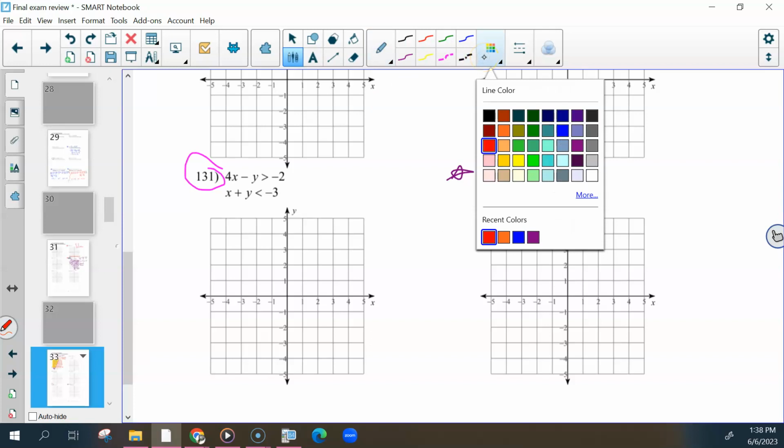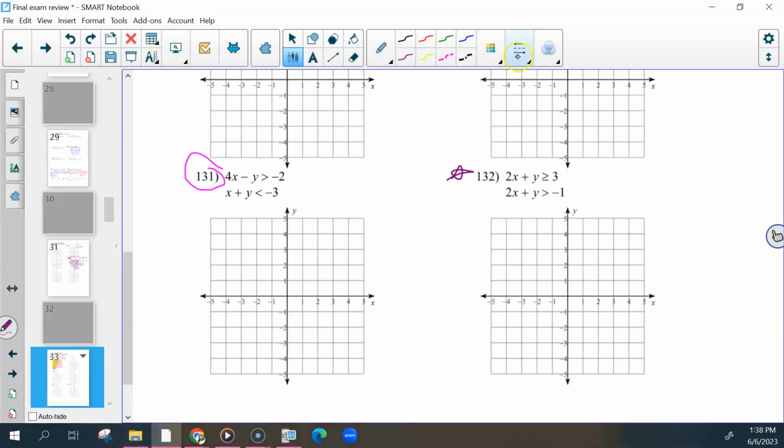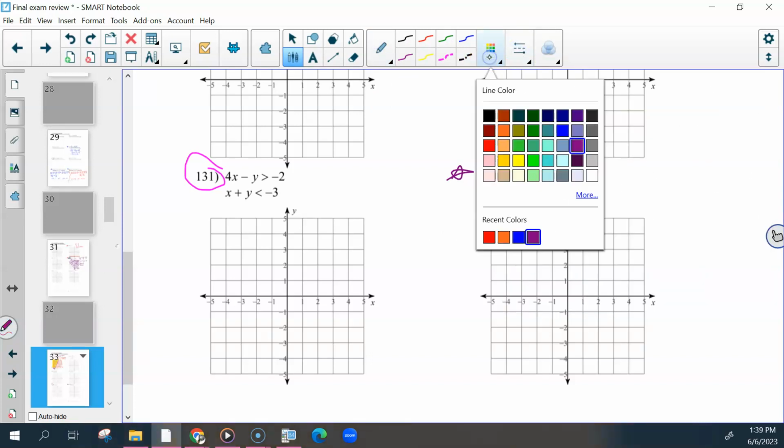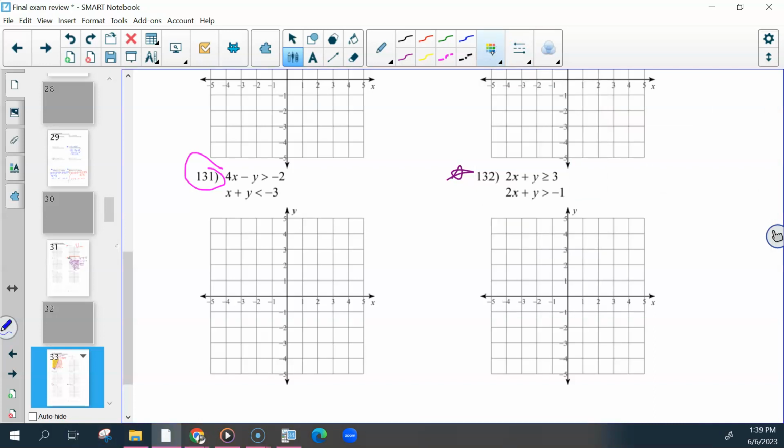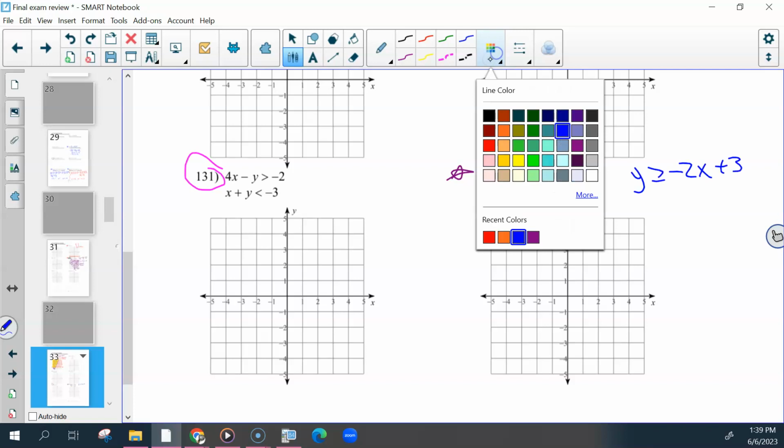For 132, we'll have to solve both of these first. Subtract 2x to both. First one would be y is greater than or equal to -2x plus 3.